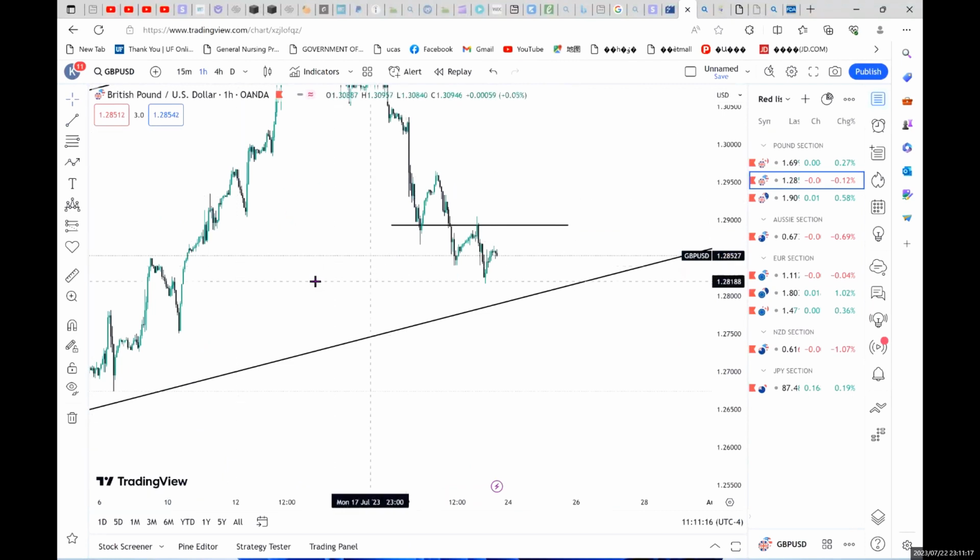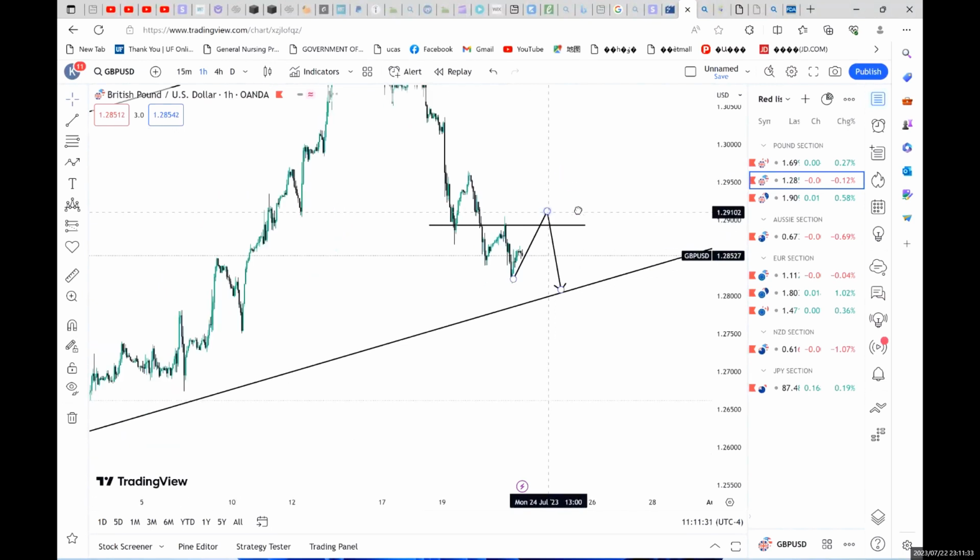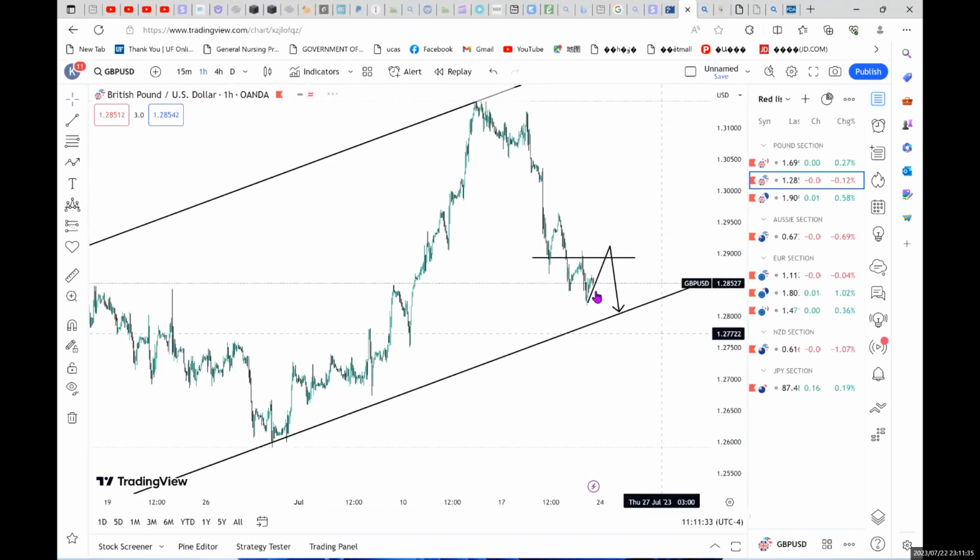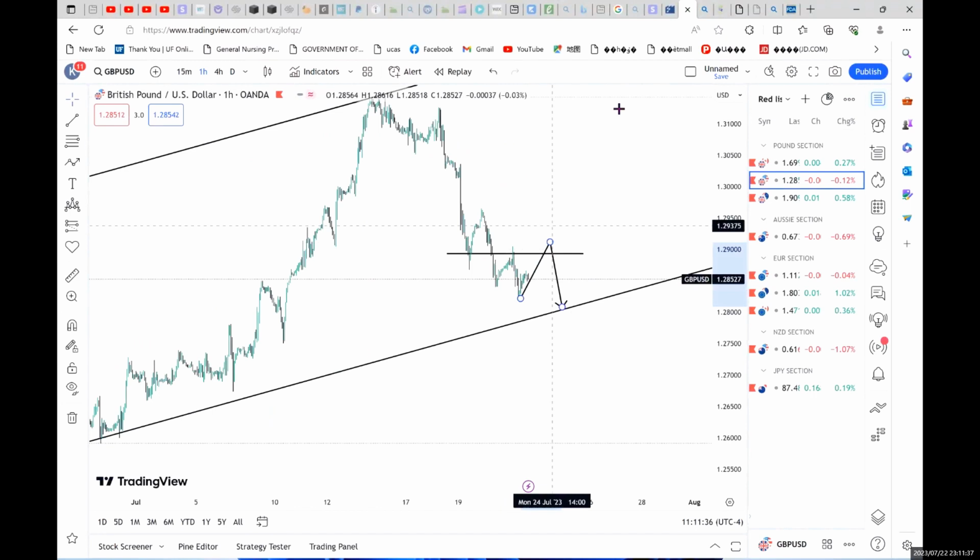I'm looking for sells on GBPUSD, but first I want to see price pull back a little bit more. It might even break this high here on the H1 and then continue down. So yeah, I'm looking for sells on GBPUSD for next week. Let's move on to the next pair.